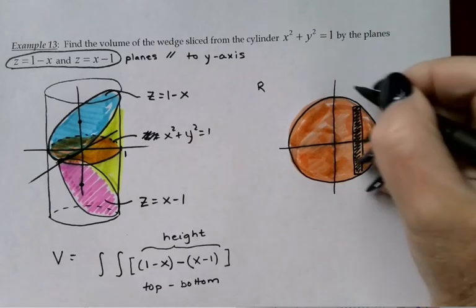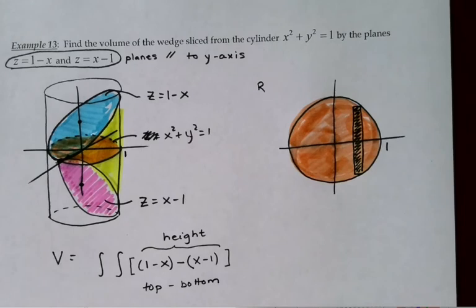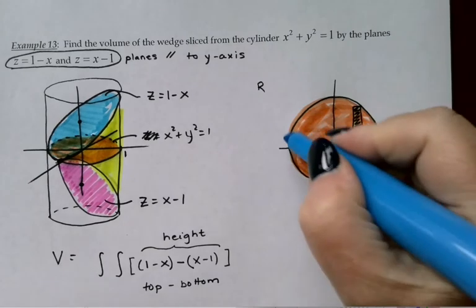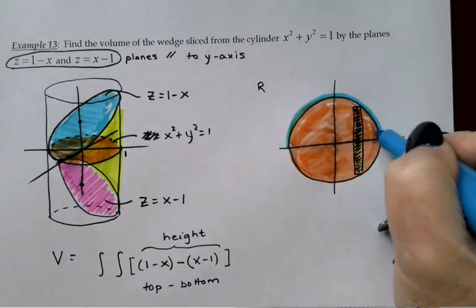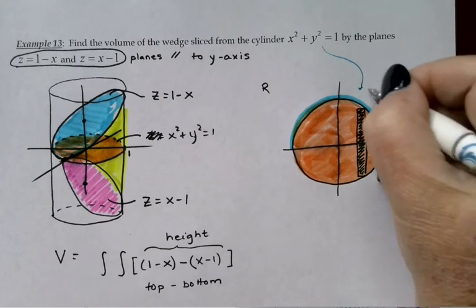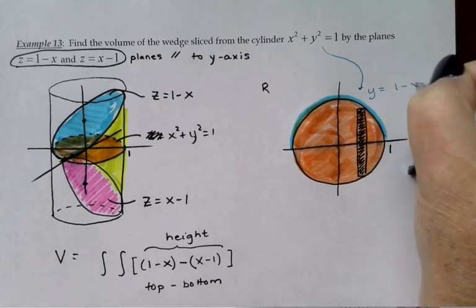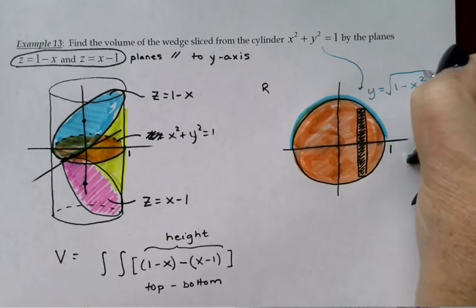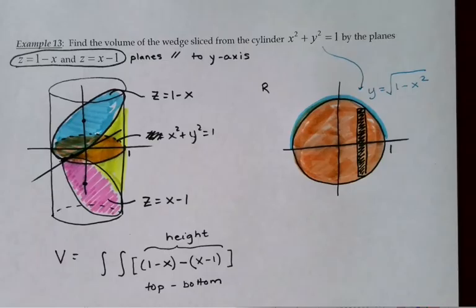So the top half here is going to end up being the positive square root. Y would be the positive square root of 1 minus x squared. And then the bottom will be the negative square root.